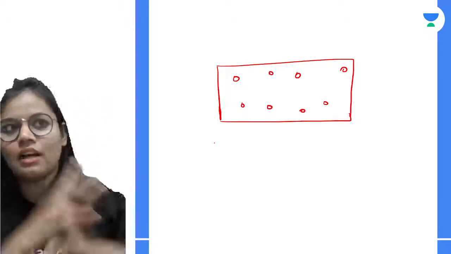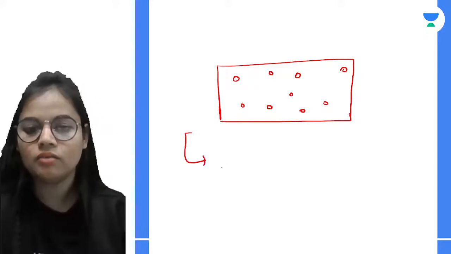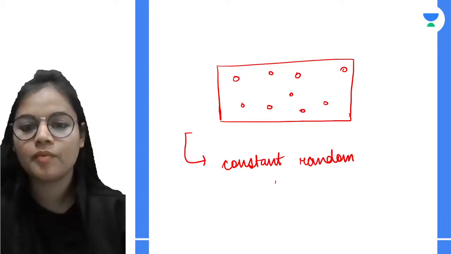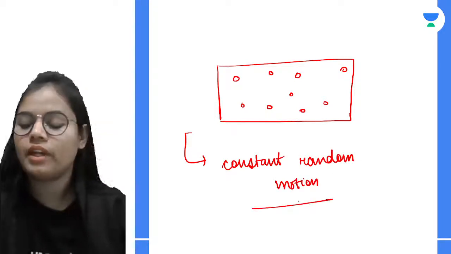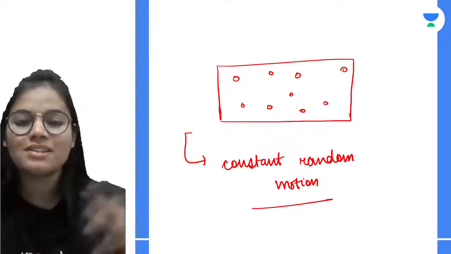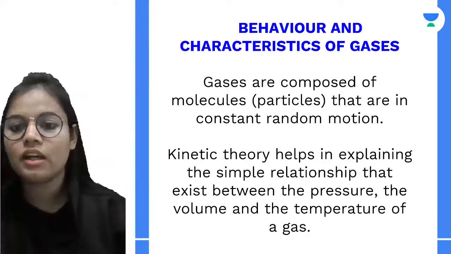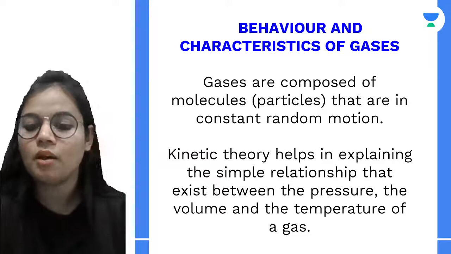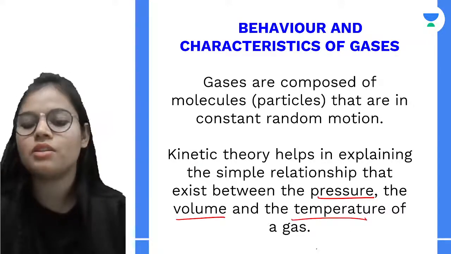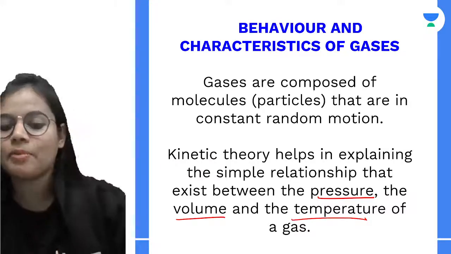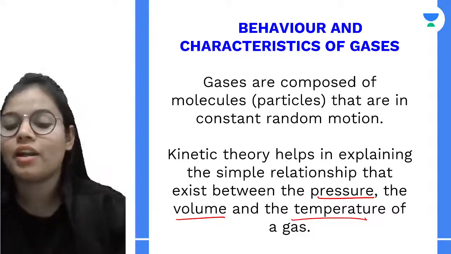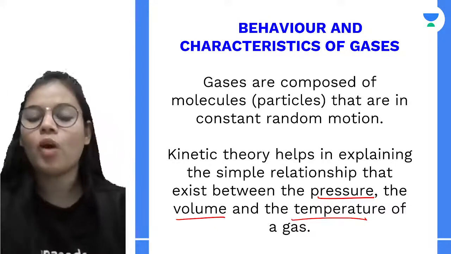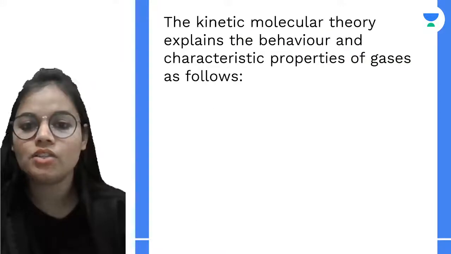These particles are far apart and in constant random motion, constantly moving from one place to another. Now the kinetic theory helps to explain the relationship between pressure, volume and temperature. This theory tells what effect happens on one parameter when one or the other two parameters change.